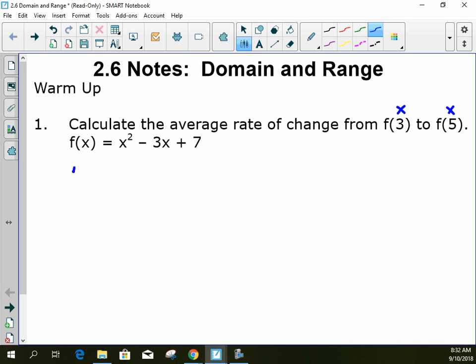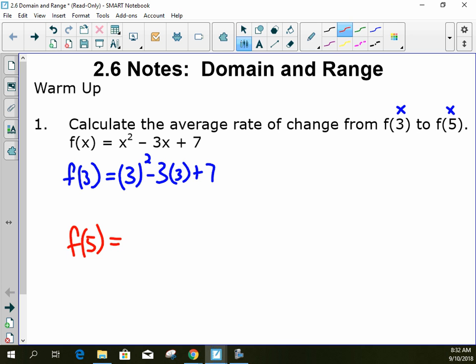So, f of 3 equals, put that in parentheses, 3 squared minus 3 times 3 plus 7. F of 5 equals 5 squared minus 3 times 5 plus 7.